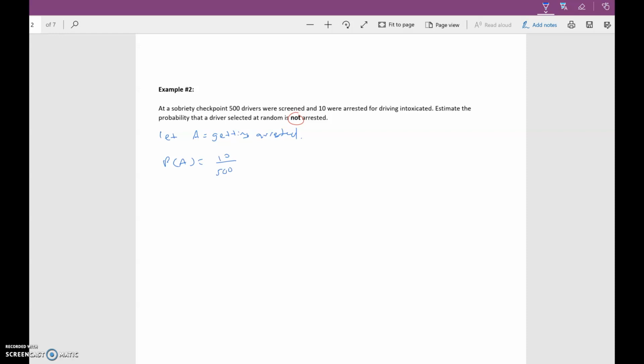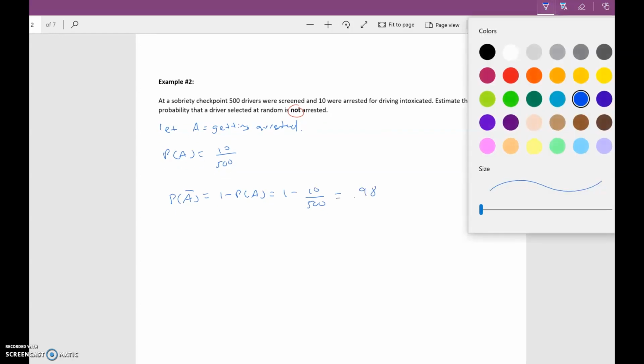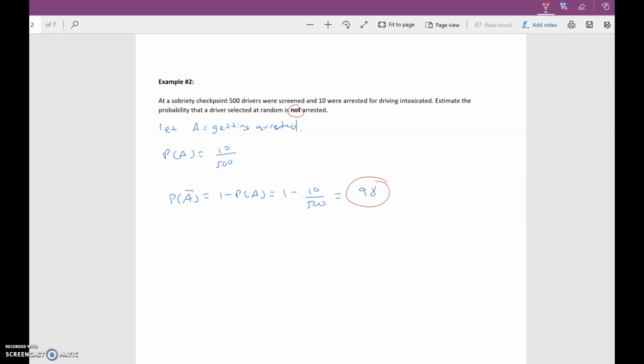They're asking for not getting arrested, so this is the complement, 1 minus the probability of A, or 1 minus 10 over 500. I'm getting exactly 0.98. Once again, you don't have to rewrite it as a sentence because we already defined what A is. So please take a look: 1 minus 10 over 500 is 0.98. Unless they mention expressing that as a percentage, 0.98 would be perfectly fine.